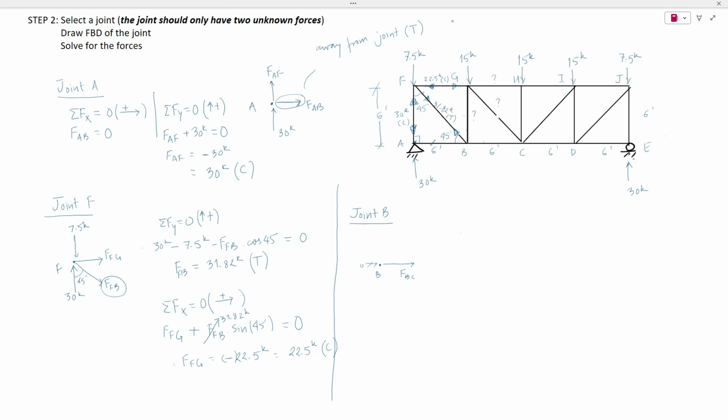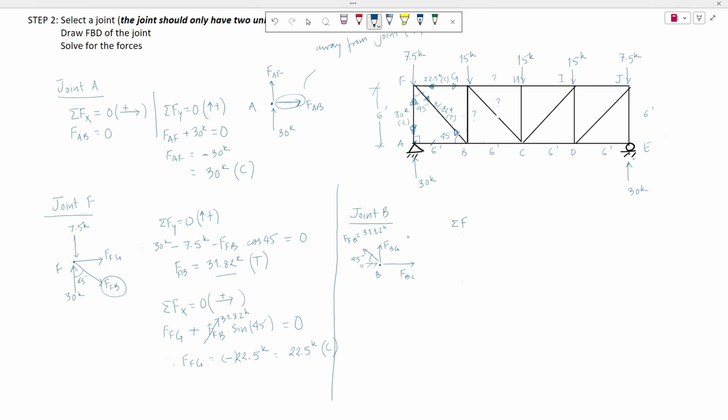We calculated FFB, which is equal to 31.82 kips. And the angle is 45 degrees. And then we have one more unknown member force here. Let's consider this tension, FBG. Again, apply equations of equilibrium.